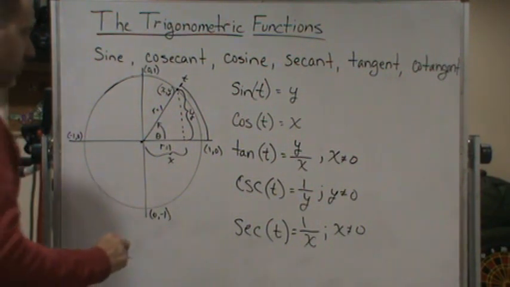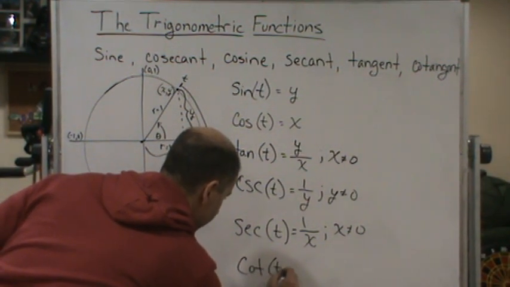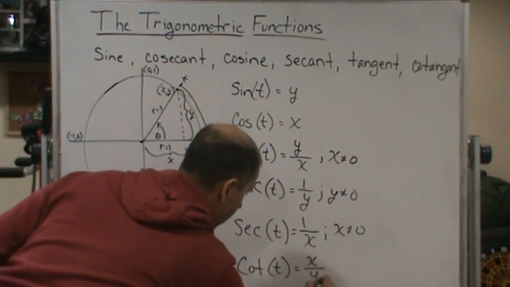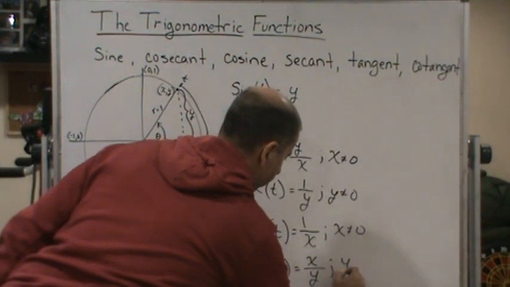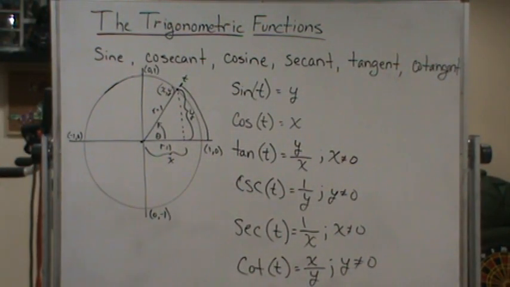And then cotangent of t is x over y, where y cannot be equal to 0. Now, these are the 6 trigonometric functions based on the unit circle.